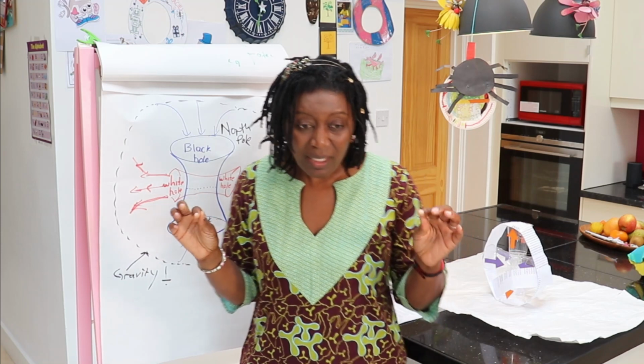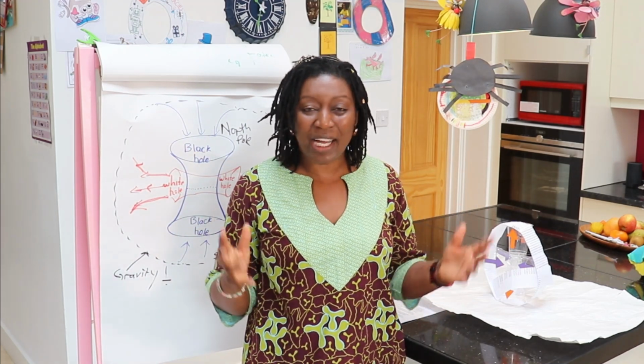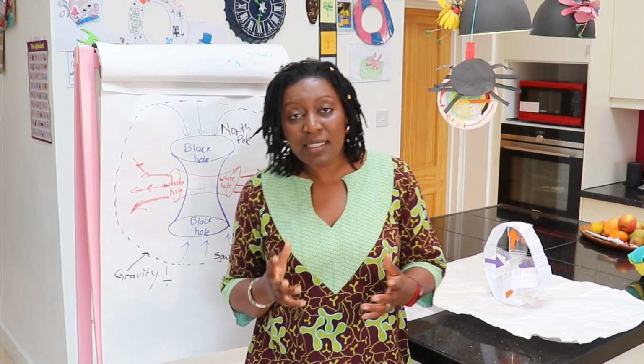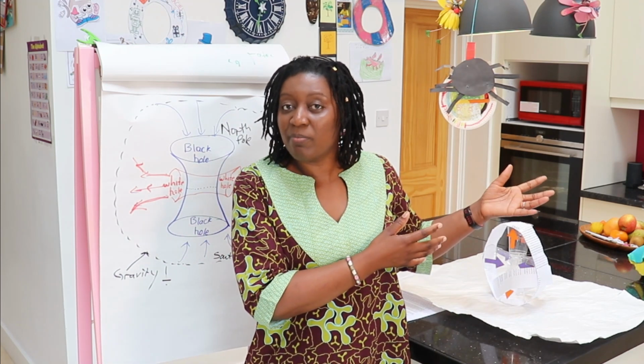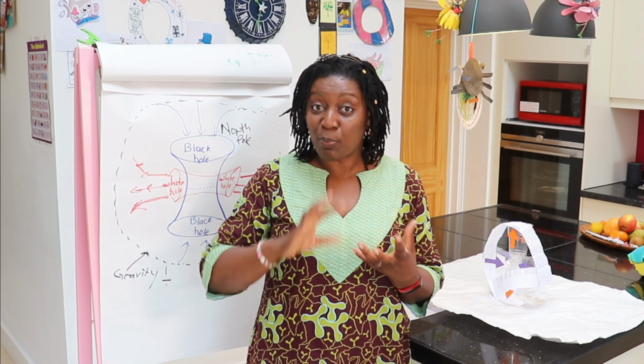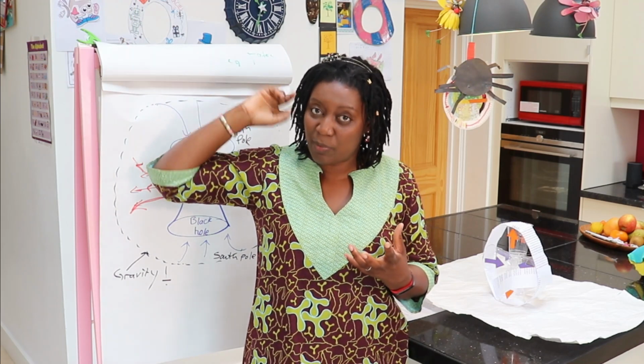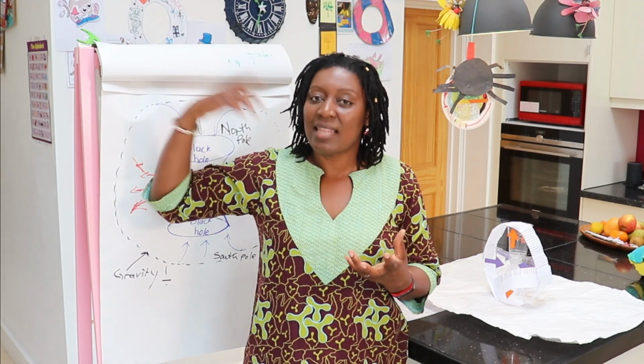Okay, now the sun is massive, gigantic, because it's got massive black holes, but it needs to be the size it is because it's supporting the whole galaxy. It's lighting up all the stars, as I said in the previous video, light from the sun. That's what we see.